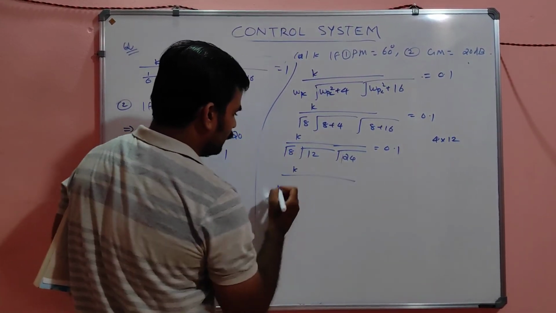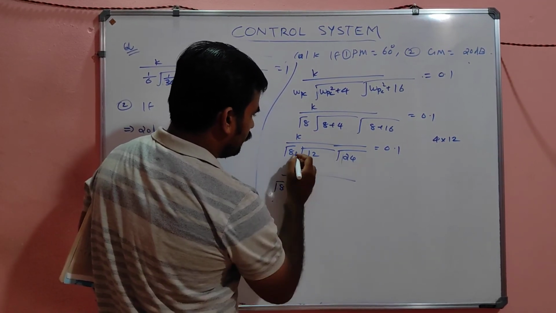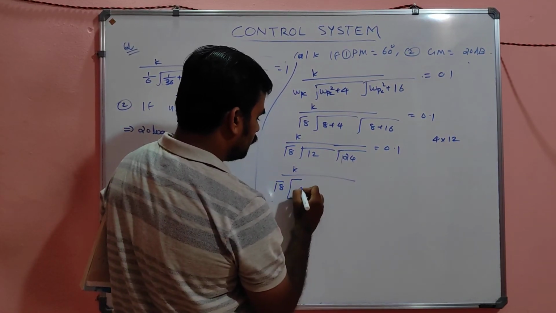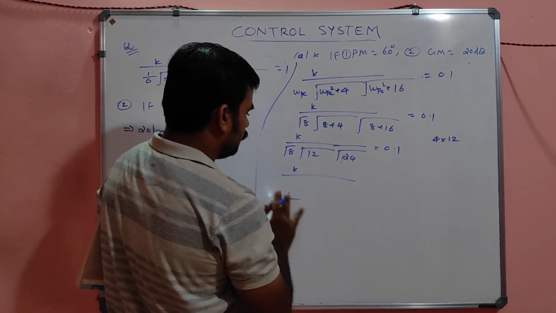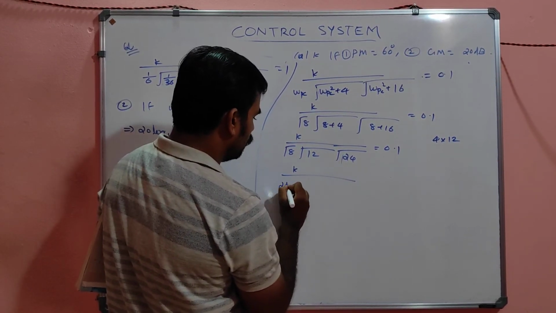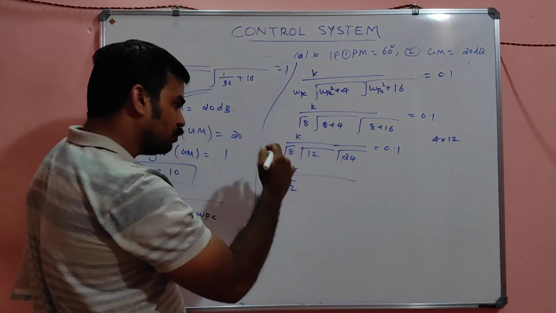K divided by root 8 is here, like that. Again, focus on this. Root 12 into root 24. This can be written by 2 root 2. Am I right, my dear? 2 root 2, and 4 into 2 means 2 root 2.